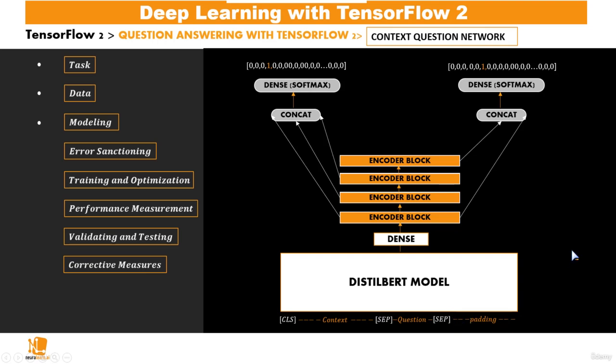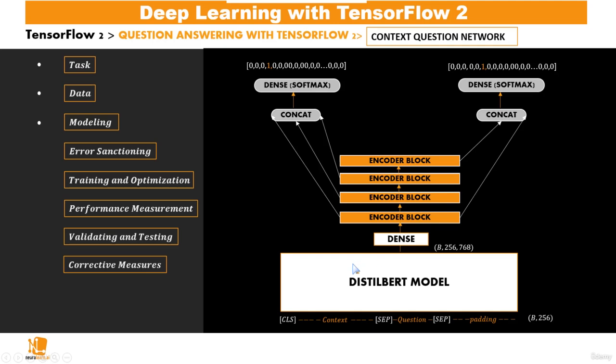And also the padding is done such that the sequence length is 256. So if we have a sentence shorter than 256, we just add a certain number of padding tokens such that the sequence length equals 256.